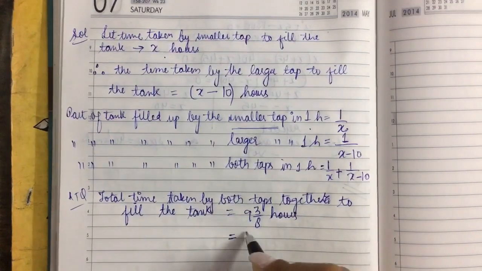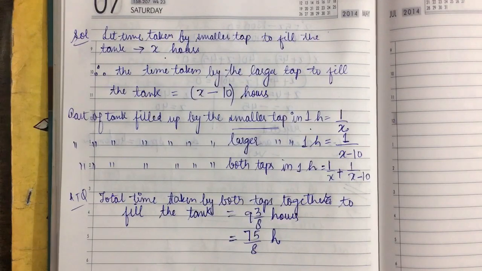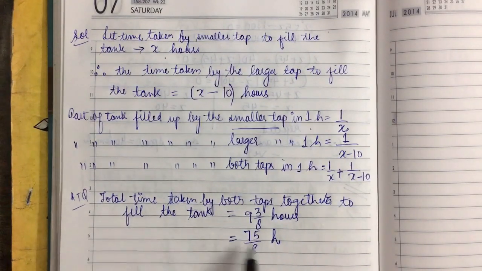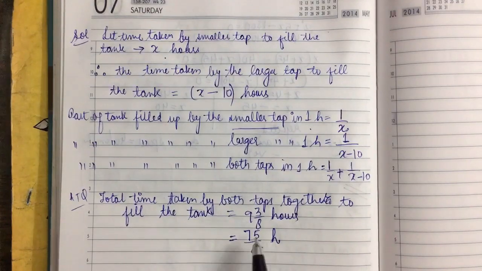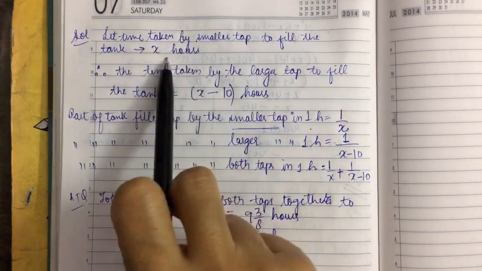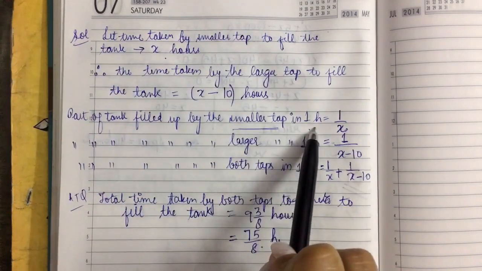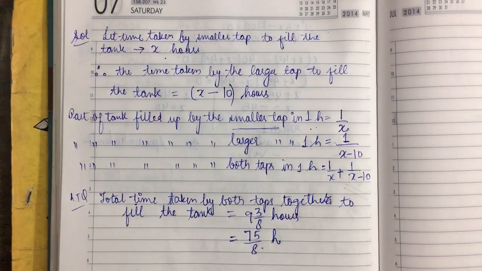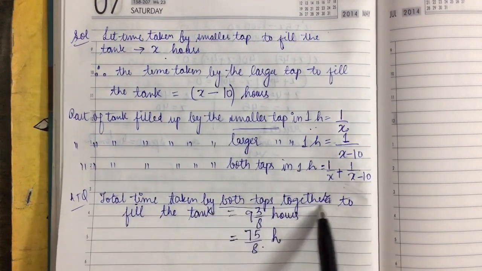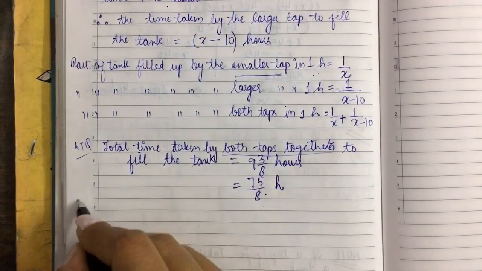So this will be 75 by 8 hours. If this is the total time taken, then how much portion is filled in 1 hour? Just like before, if we have the total time taken, we can find out how much portion is filled in 1 hour. Same way, we can find out how much portion of the tank is filled by both taps in 1 hour.